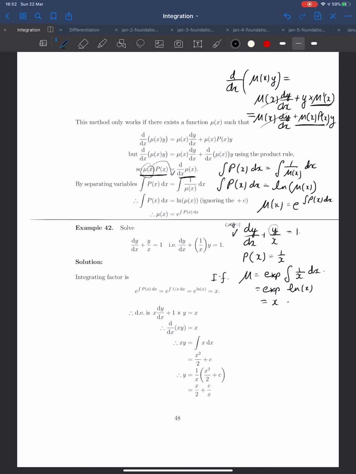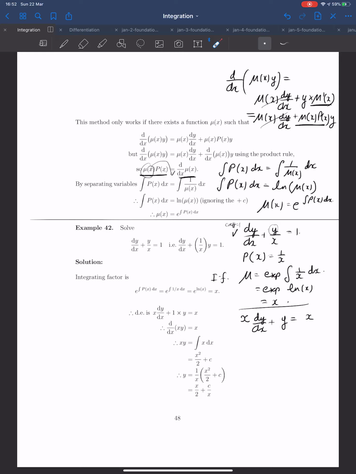Okay, so what you do next is you can say, if we multiply everything by mu, x dy by dx plus y equals x. And this is the method. Step 1 of the method is make sure you've got a 1 there, which we have.